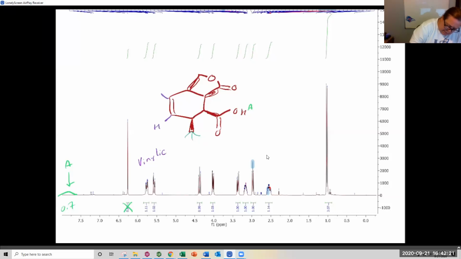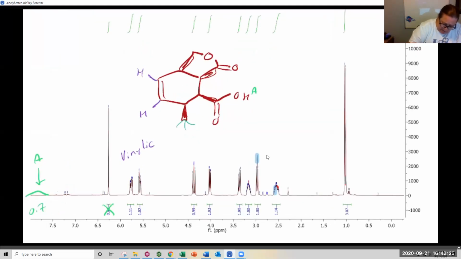Now, again, we don't have enough information with this spectra to say which is which. We'd have to do another experiment. So simply label these as being the same.